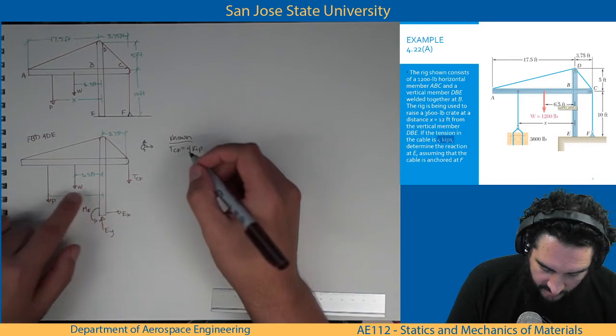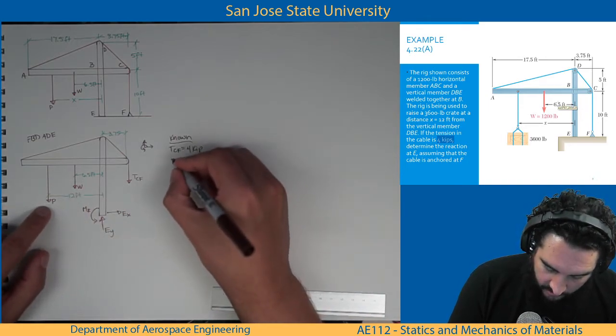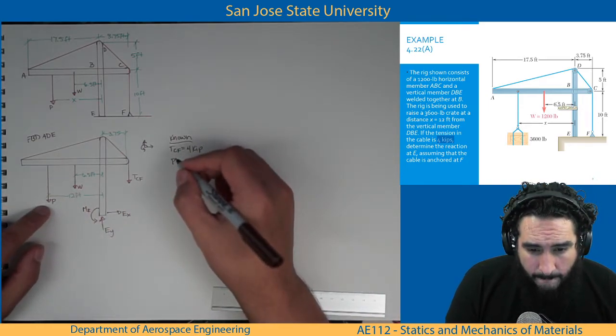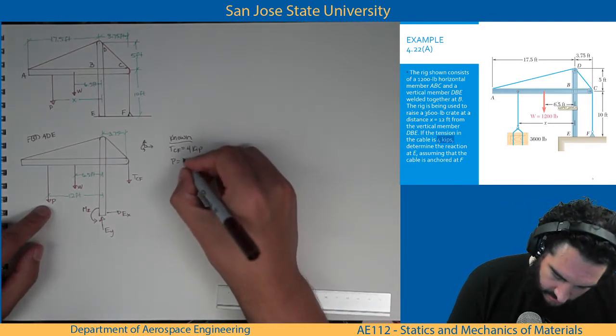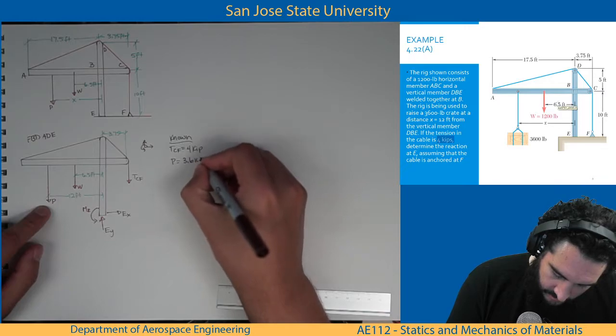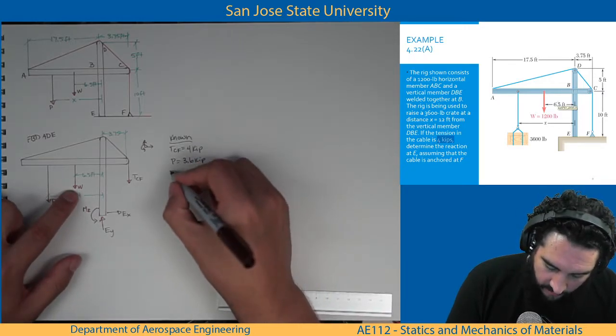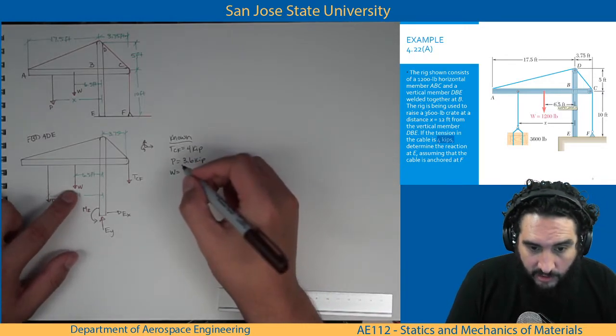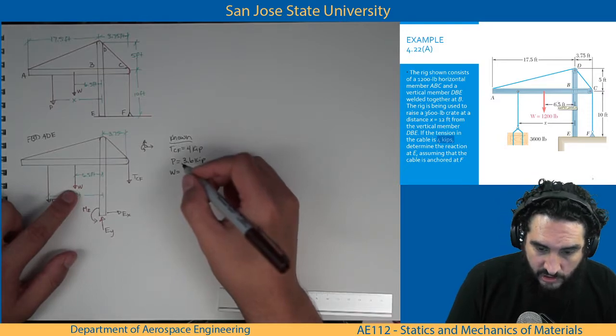TCF is 4 kips. Payload is 3.6 kips. And the weight of the beam is 1.2 kips.